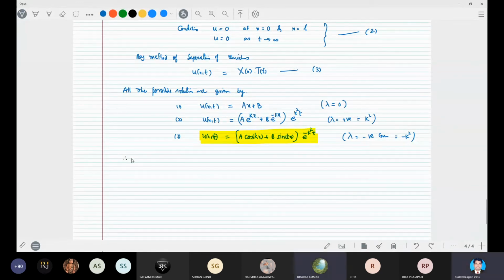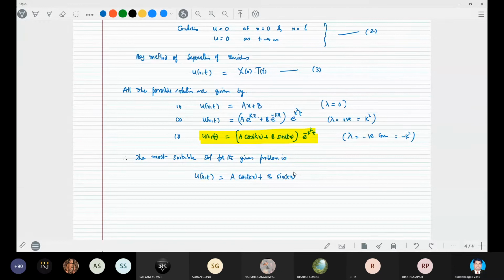Therefore, the most suitable solution for the given problem is u of x comma t is equal to a cos kx plus b sin kx into e power minus k square t.